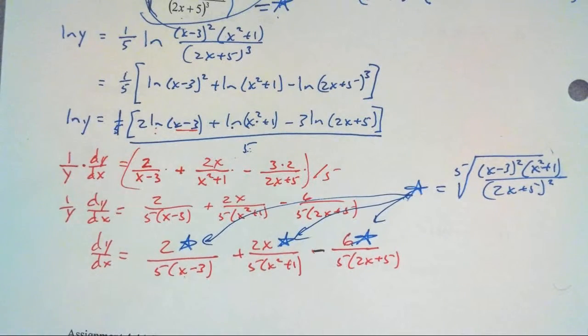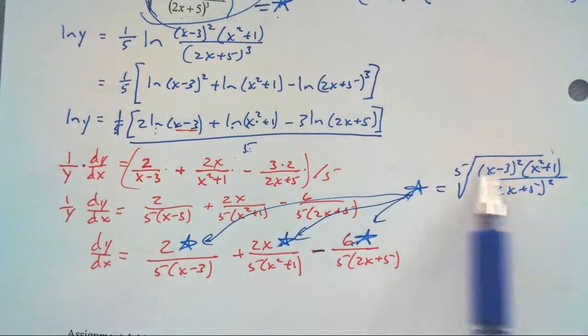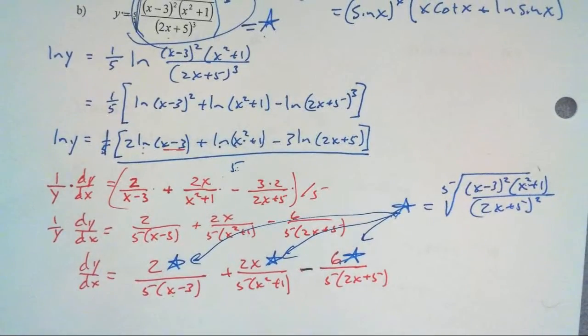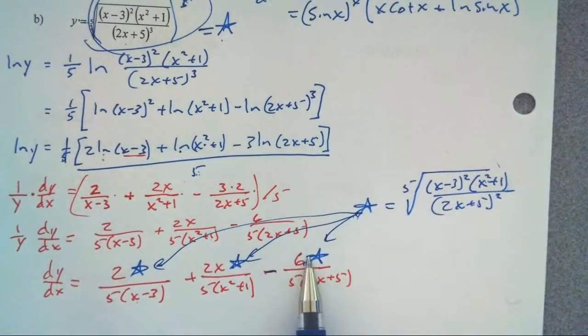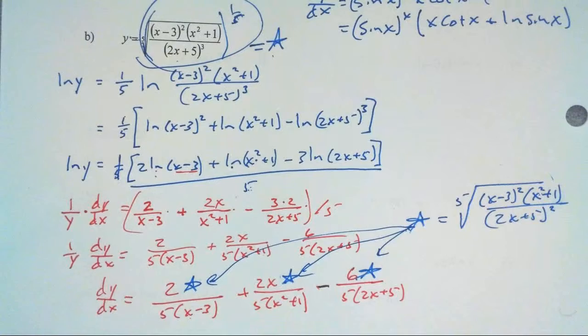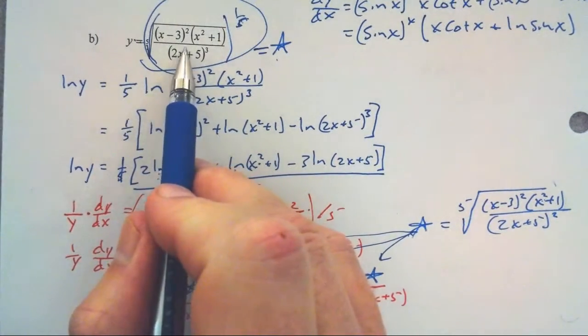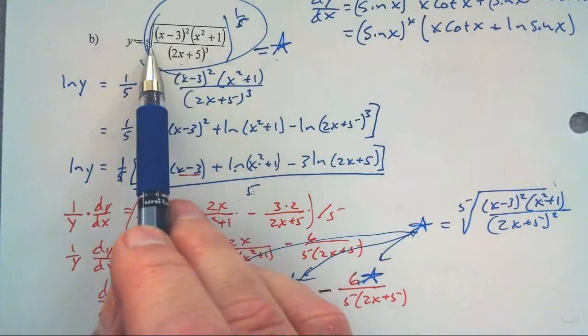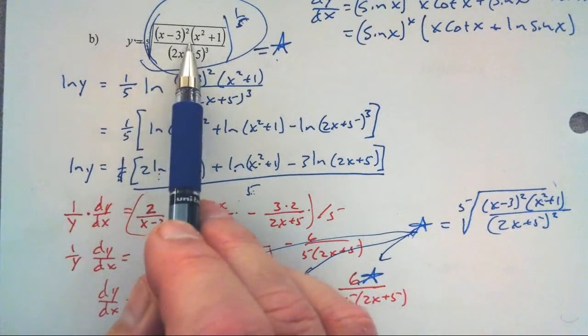That guy's a mess, but typically, understand, we're not going to be finding derivatives just to find derivatives. We could now put values in there, and we could figure out what this value is, let's say we wanted the derivative when x is 1, or the slope when x is 1. We could now put 1 in here, get a value, and just put that value here, here, here. Okay, so, yeah, it was a mess, but we knew it was going to be a mess, and if you think that's a mess and there's an easier way, I couldn't encourage you more than to go ahead and try to find the derivative of this guy with that fifth root in there through chain rule with quotient rule.